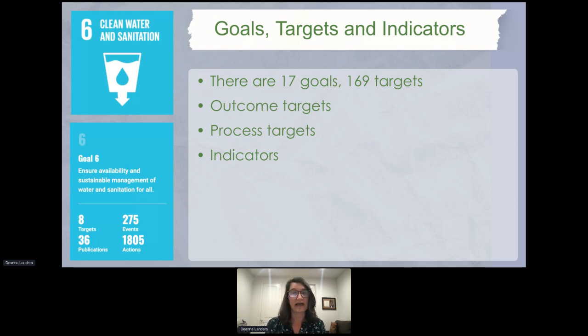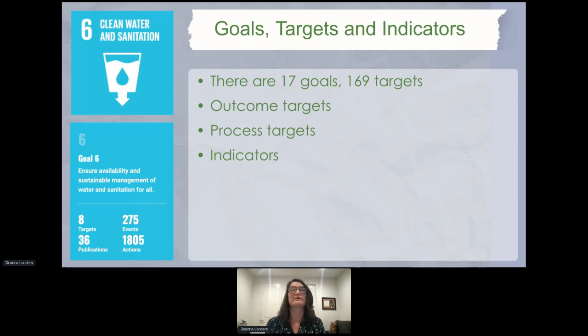So there are some like that you could measure. And then there are process targets, which are much larger. They tend to be global in scope. So maybe even a country couldn't achieve this target, but they can put together processes and policies so that we as a global community can achieve the goals.